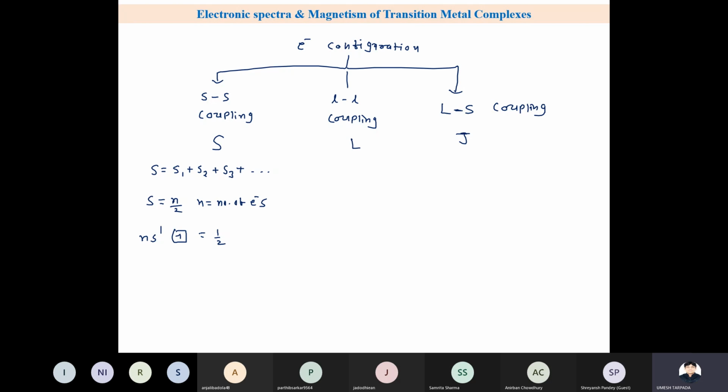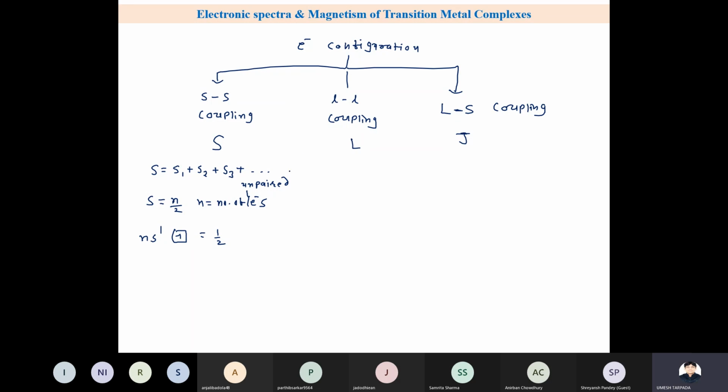In this way you can get the S value. Here n is the number of unpaired electrons. Then the spin multiplicity we have also written, that is 2S plus 1.